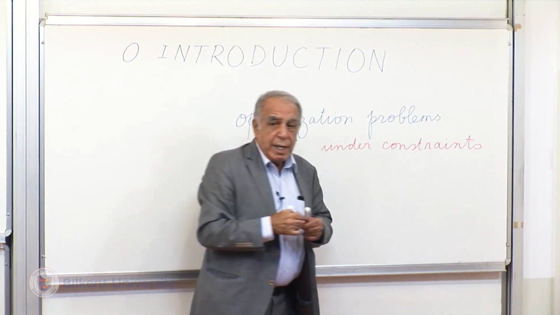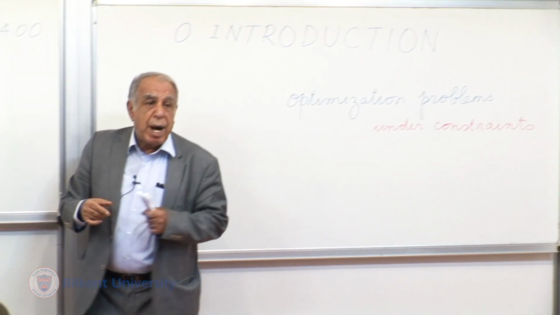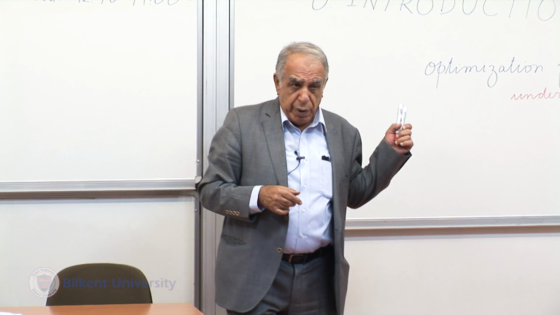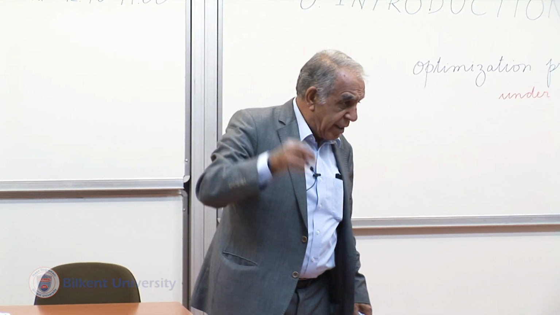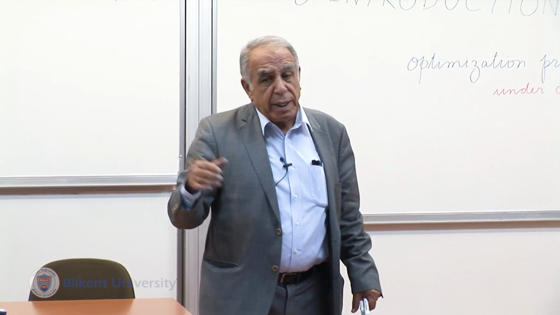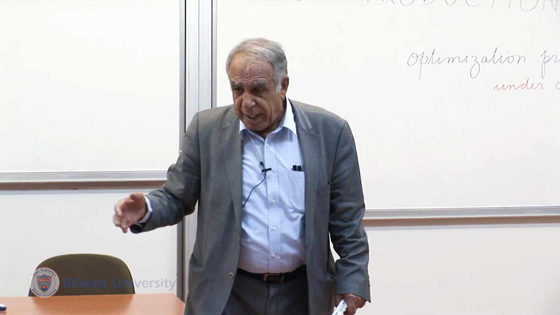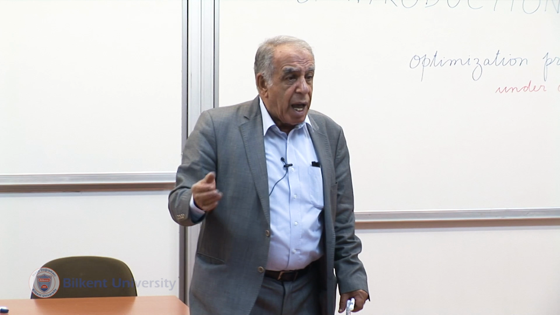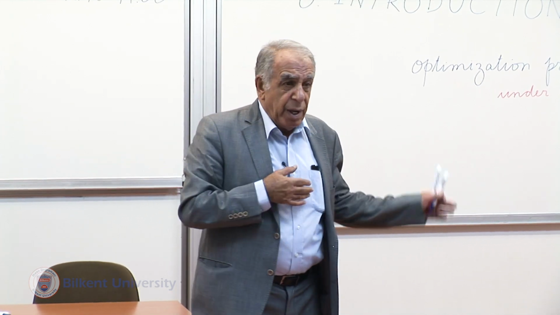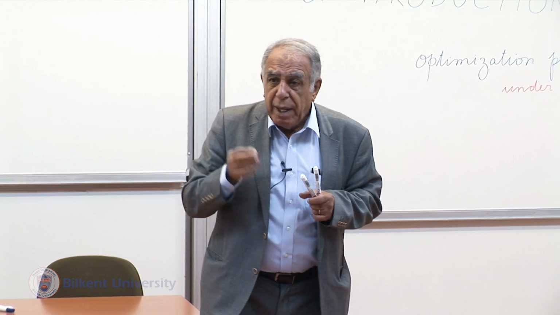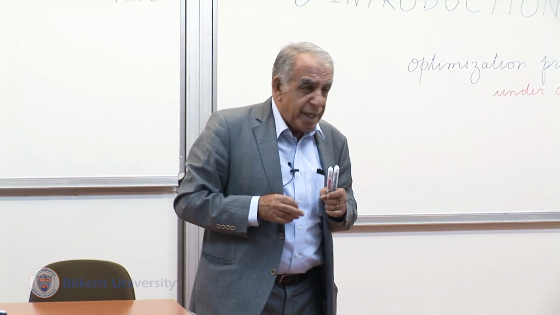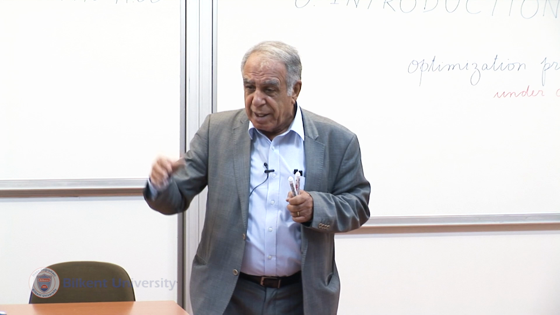So in mathematics, we have rather powerful tools which tell us what kind of objective functions, under what kind of constraints, allow solutions. Because when in mathematics you formulate a problem, the first question is, does there exist a solution?